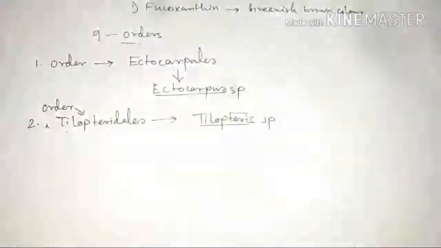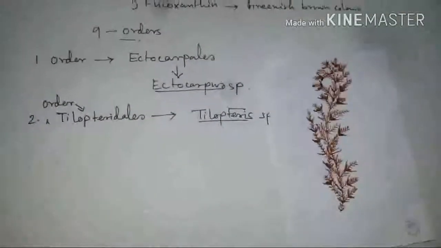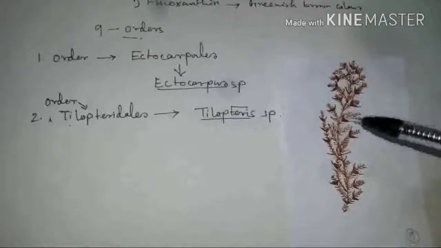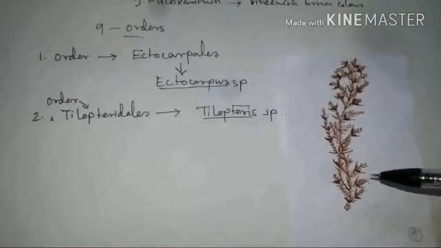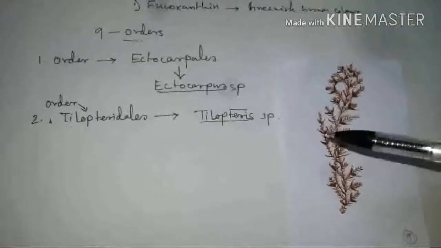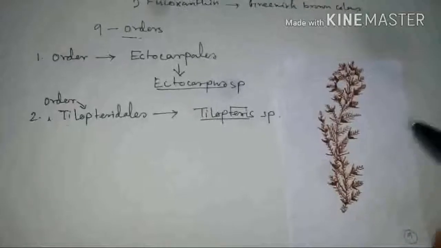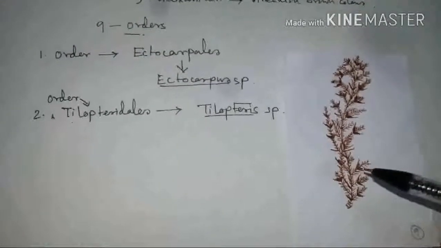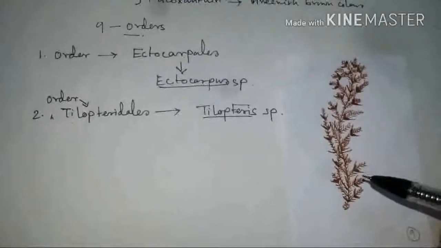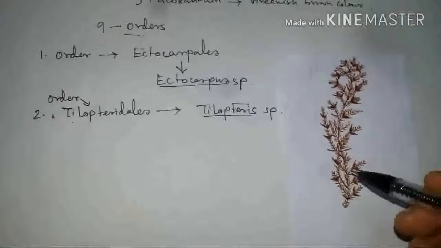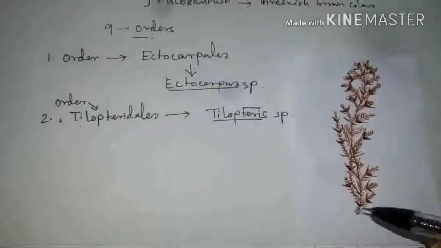Here the main branch also produces filaments, which again produce many small hair-like filaments, and the antheridia or oogonia are attached on these filaments.